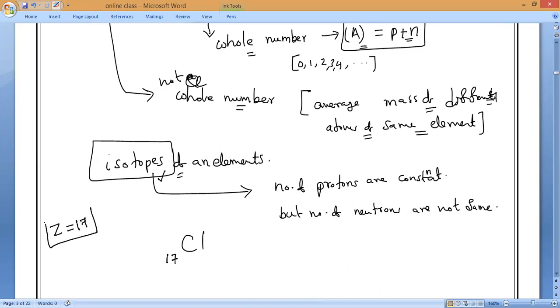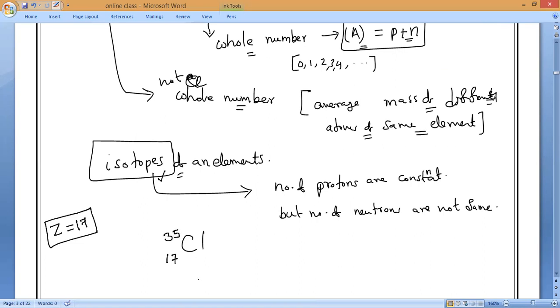So how many protons are there? Protons alone I am asking. Atomic number is 17, so the number of protons is 17.